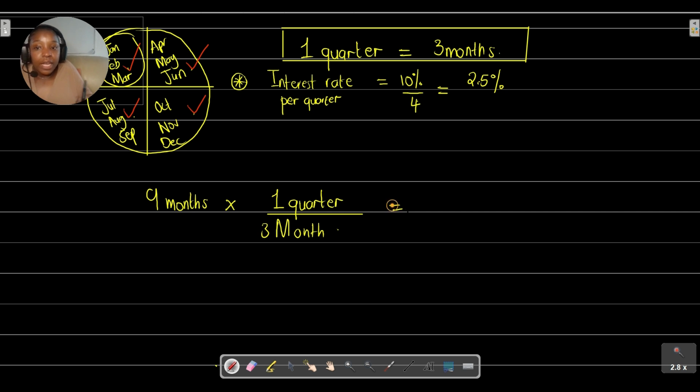If you do that, you'll see that 9 divided by 3 is 3 quarters. So what does this mean? We want to calculate how much interest he will pay in the first quarter, the second quarter, and the third quarter, and then we'll be able to determine how much he would have paid towards his loan in just 9 months. So let's just do that.